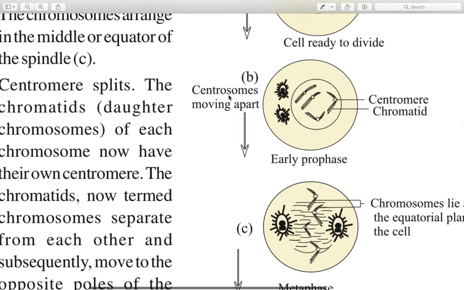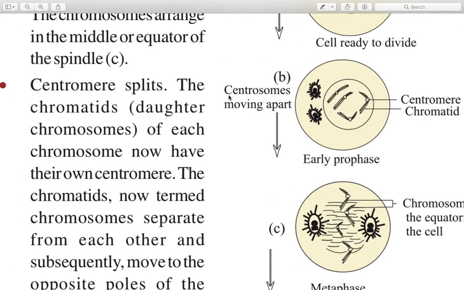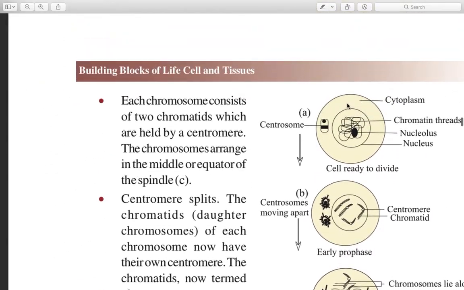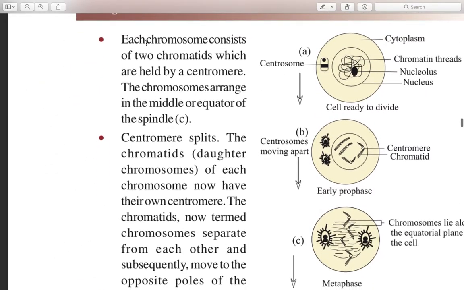I hope you are clear. Here they have mentioned that each chromosome consists of two chromatids held by a centromere. Don't confuse the term centromere with centrosome and centriole. Centromere is about the chromosome.